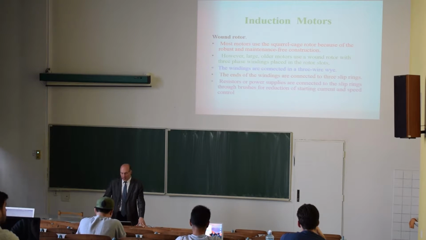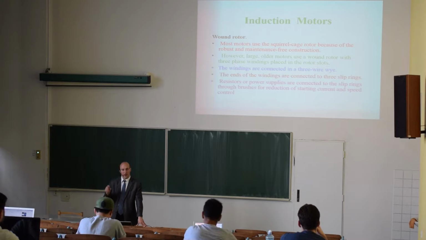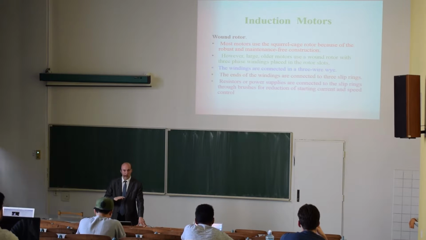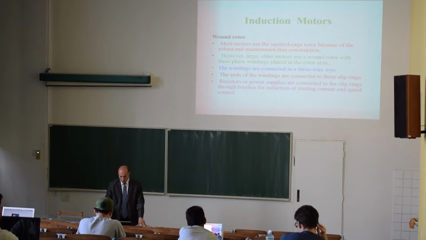One reason why we want to change the characteristic is, for example, we want to change the speed of the motor in a very small region, or we want to change the startup torque, and we want to limit the startup current. Today we can do that quite easily with a frequency inverter, but before frequency inverters were invented, this is how it was done, and it's still possible to use it to change the characteristics of the motor.